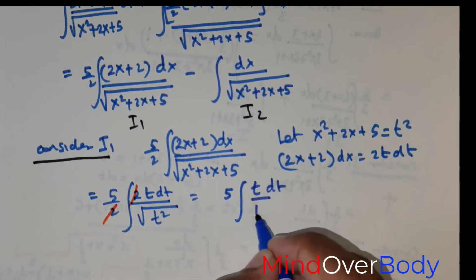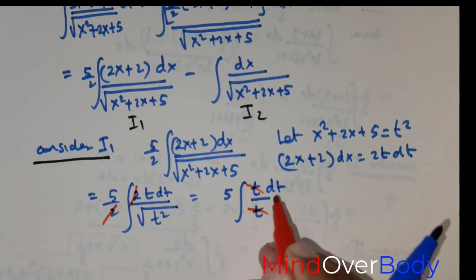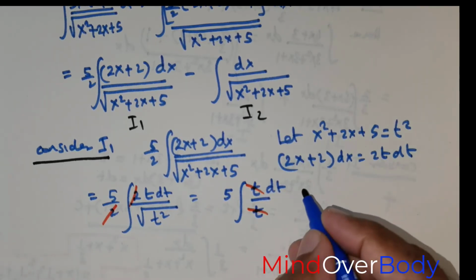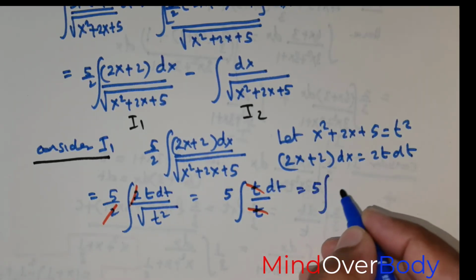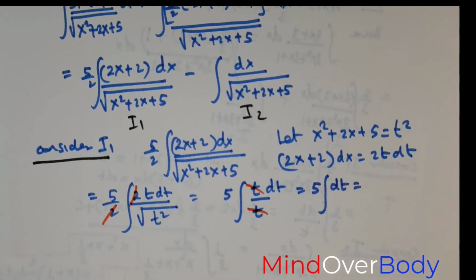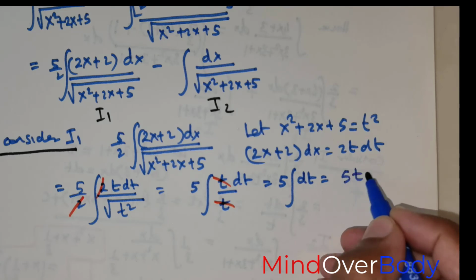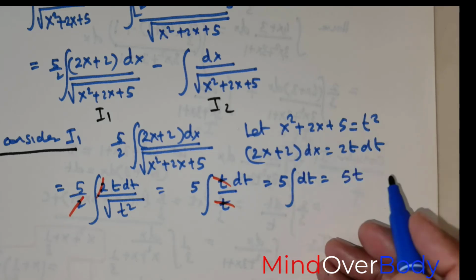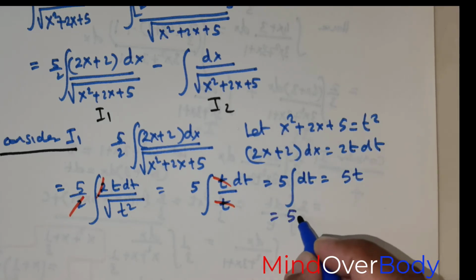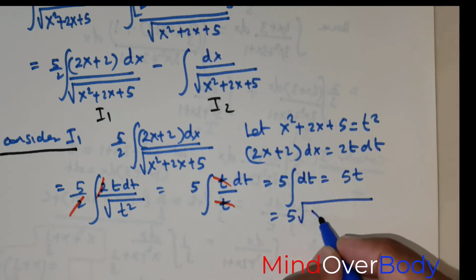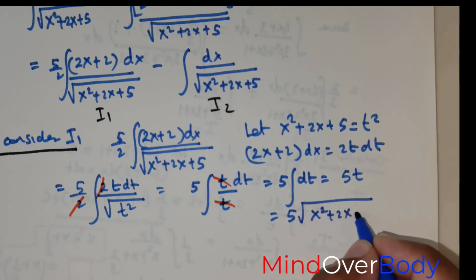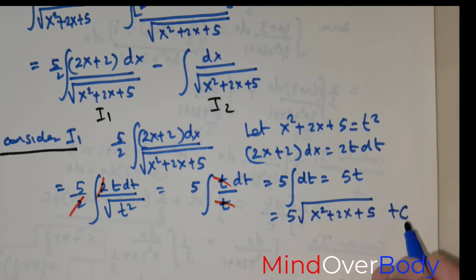Square root of t squared is t, so I can get rid of this t, giving me 5 times integral dt. Now integral of dt is t, so it's going to be 5 times t. T squared is this, so therefore t is 5 times square root of x squared + 2x + 5. Of course we need to place the arbitrary constant.